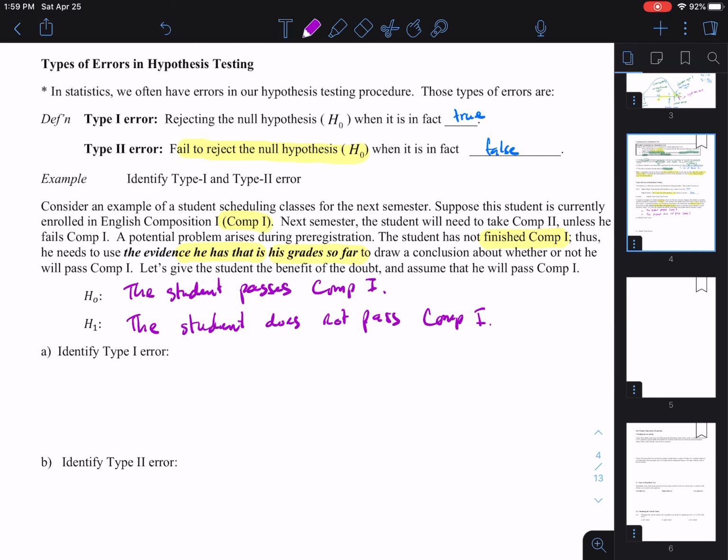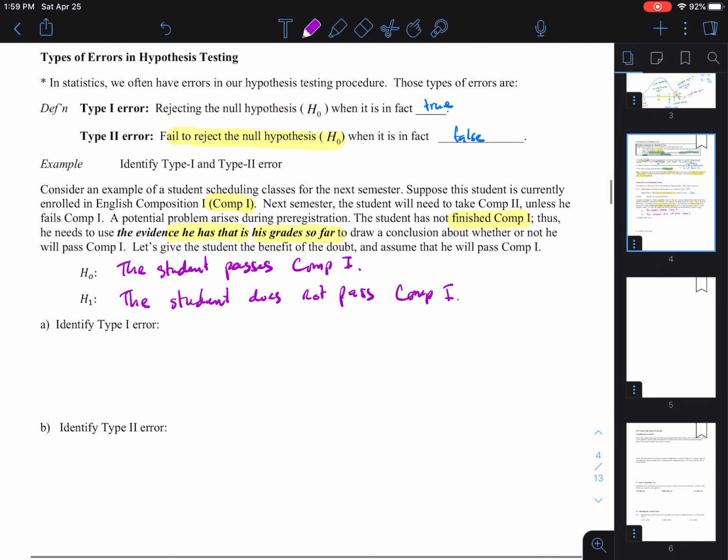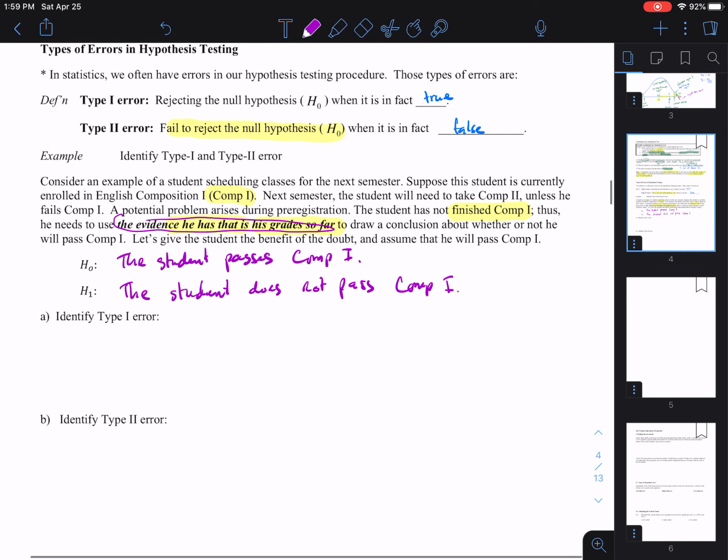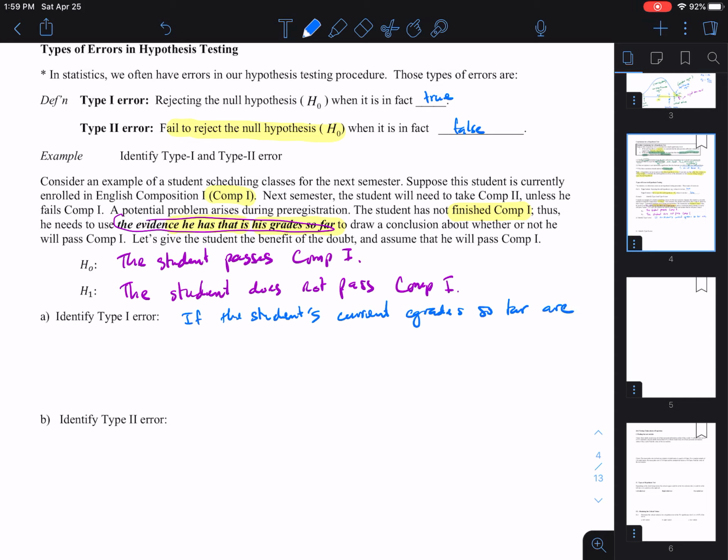What we can do here is look at the student's current grades. This is the evidence here, right? So suppose the student's current grades so far are mostly Fs.